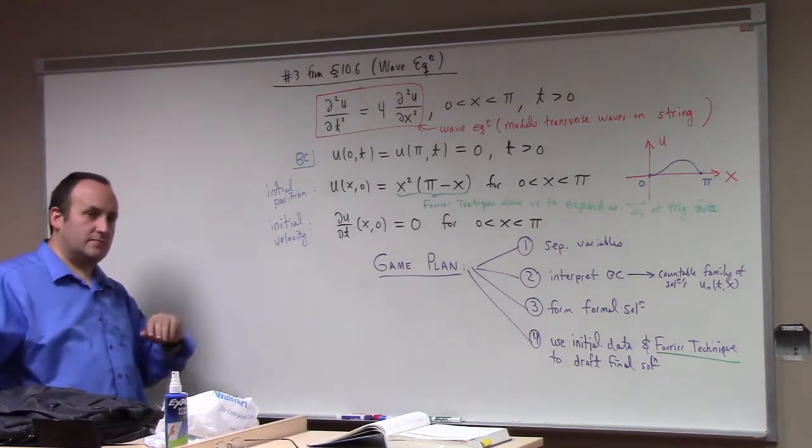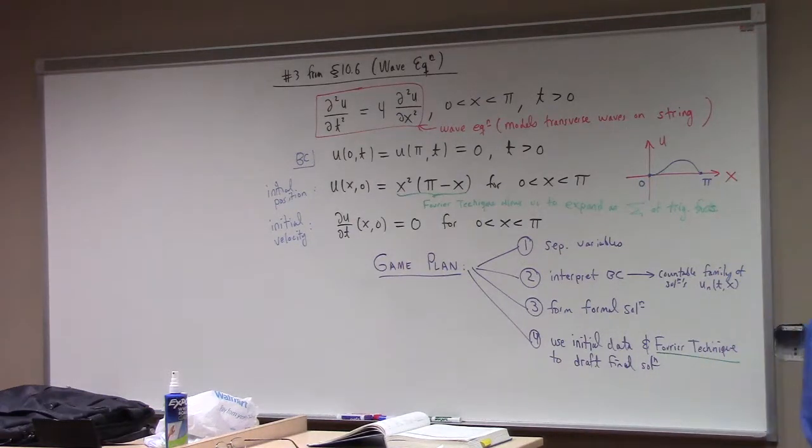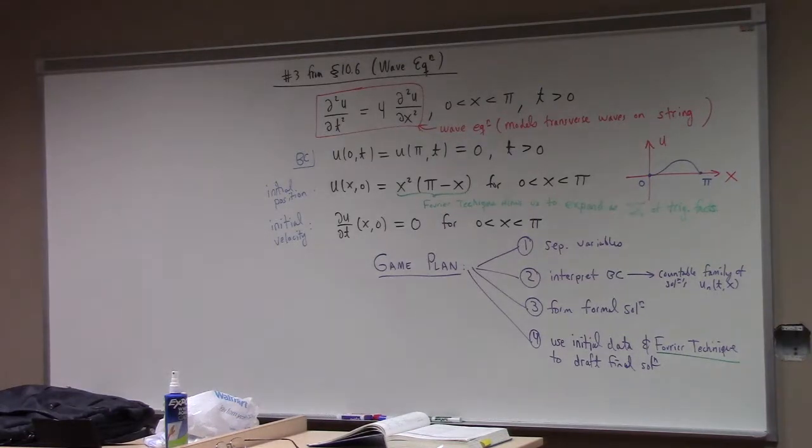So let's do it. We're looking at u_tt = 4 u_xx. Where is the 4 coming from?